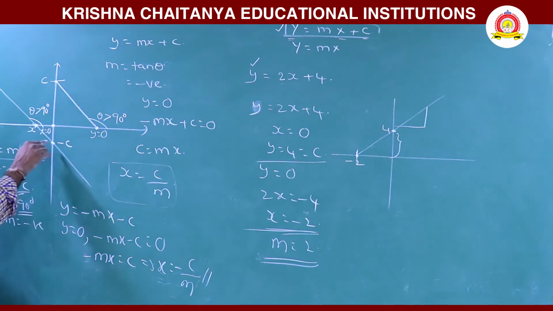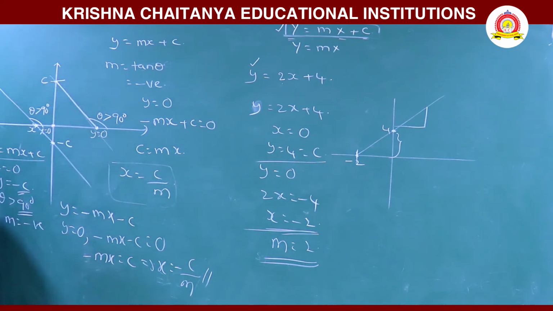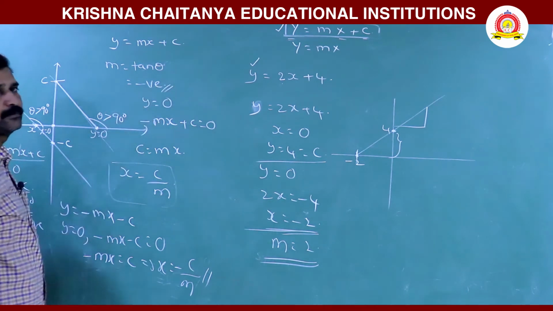So the y intercept is negative, the x intercept is negative, and the slope is negative. In the earlier pattern, the y intercept is positive and the x intercept is positive, but the slope alone is negative.